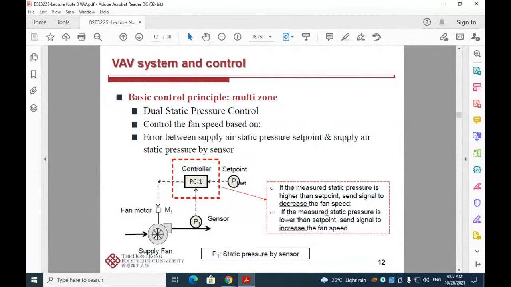In another scenario, if the measured static pressure is lower than the set point, then the signal will be sent to the fan motor to increase the fan speed.